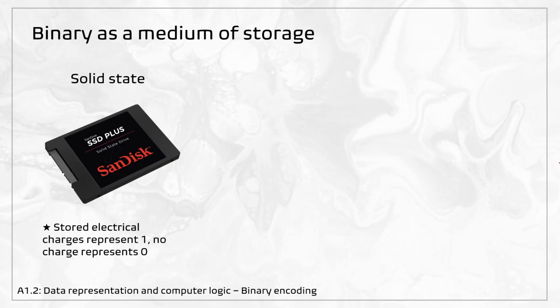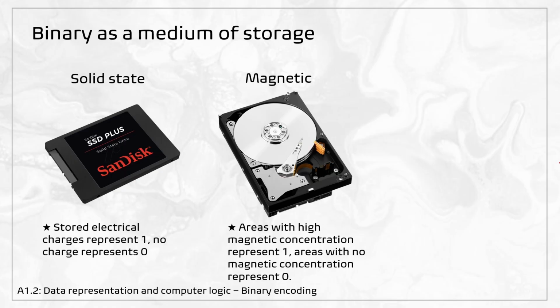Binary is also used to store data. Every single storage device we talked about previously uses some form of binary. The electric charge technology in SSDs just means if there is charge stored, it's a 1, otherwise it's a 0. For hard drives or magnetic storage, areas with high concentration of magnetism represent a 1, and areas with low magnetism concentration represent a 0.